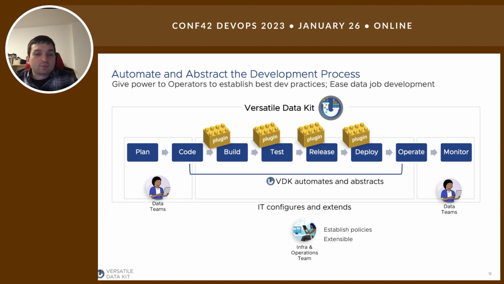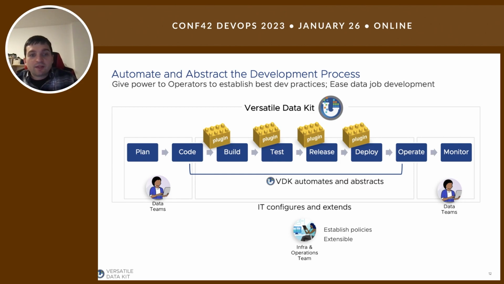This self-service environment automates a large part of the DevOps cycle, so that as far as data engineers or the data team are concerned, they maybe click just one button, deploy, or run a CLI command, deploy, and building, testing, releasing, and deploying can happen automatically.